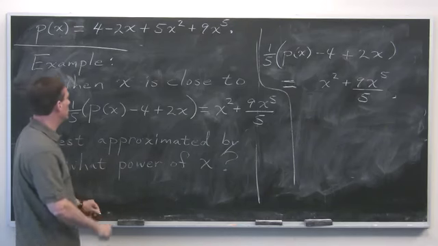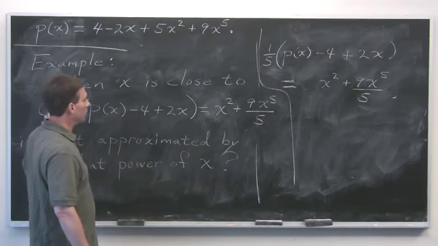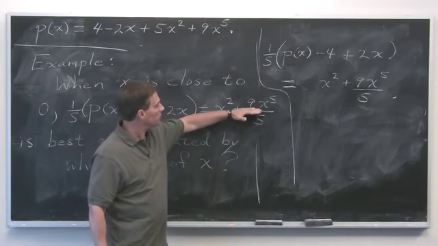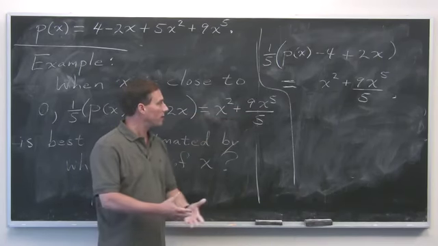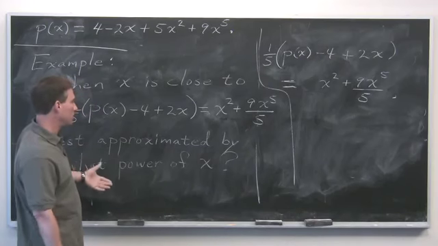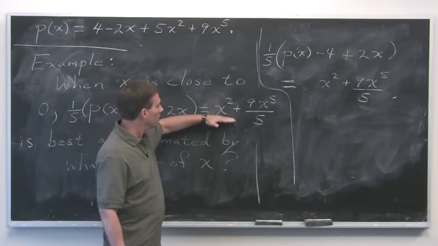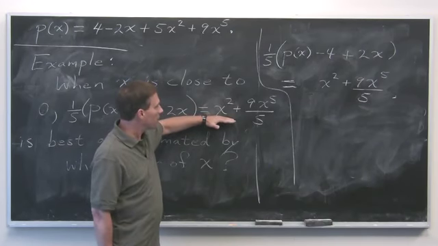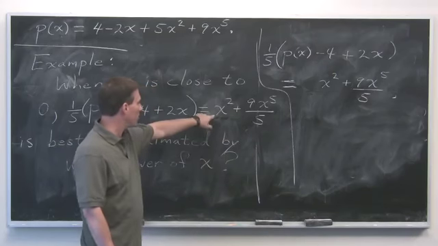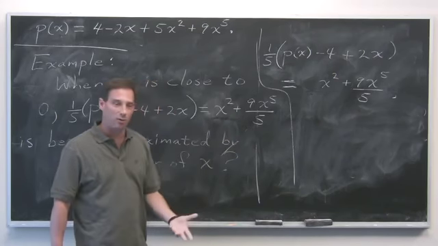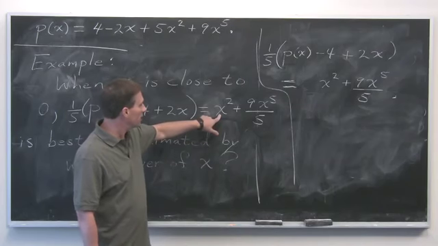And so the question is, when x is close to 0, x squared plus 9x to the 5 over 5 is best approximated by what power of x? Well, when x is close to 0, lower powers of x matter more. So if you're just trying to approximate this by a single power of x, you would use the x squared term.